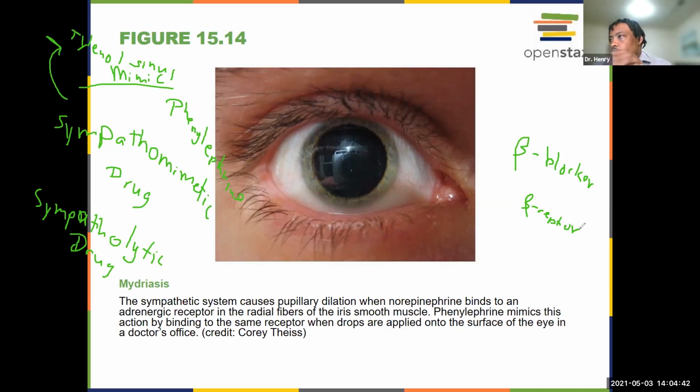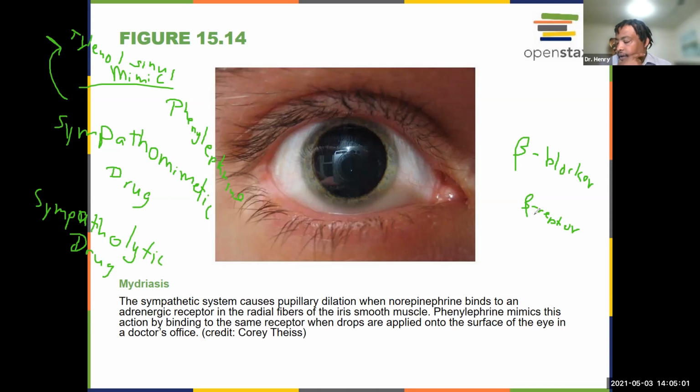They're called beta blockers, so they inhibit the beta receptors. They bind to the receptor and inhibit it from binding its normal ligand.